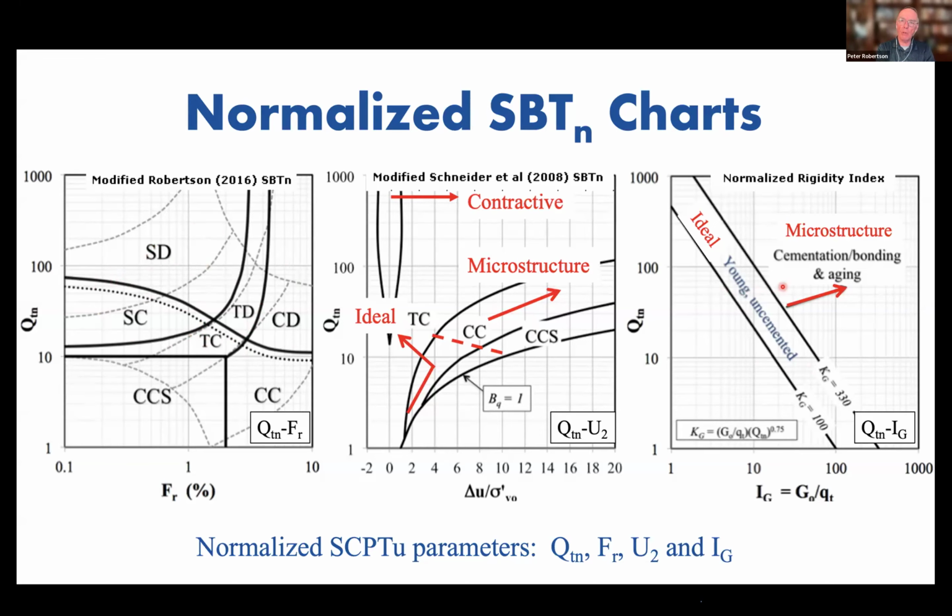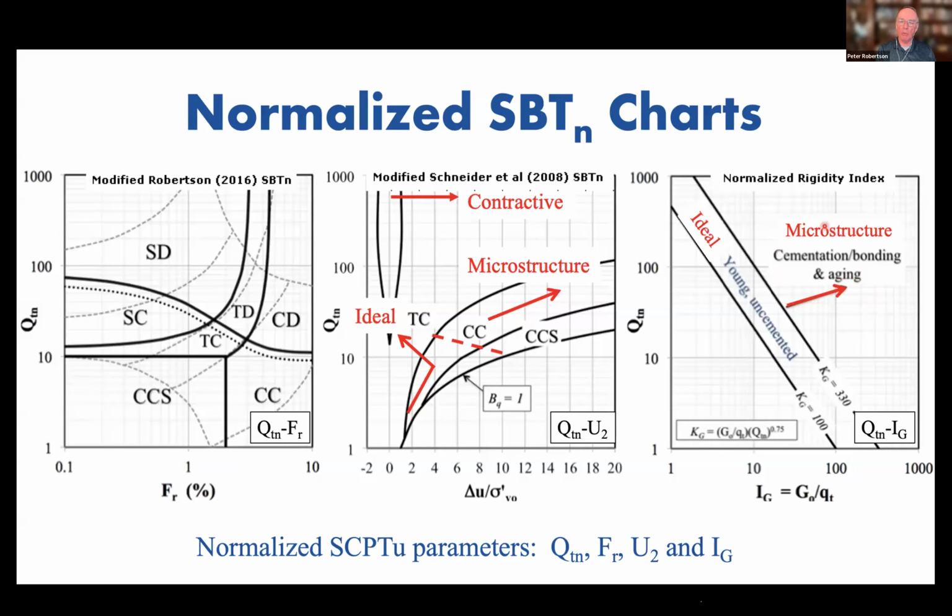And so you would expect that most of the correlations would work quite well. And so the chart on the left would be considered to work pretty well. Now, if you had soil that was either very old, like in northern parts of Europe, where glaciation has created these sort of clay deposits that can be thousands of years old, millions of years old, so they're very stiff. Aging makes them much stiffer than they would be. So the shear wave velocity ends up being much larger than you would expect based on the tip resistance. So the data falls outside of that range.